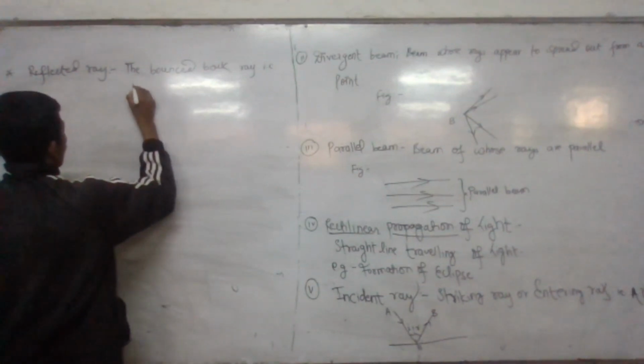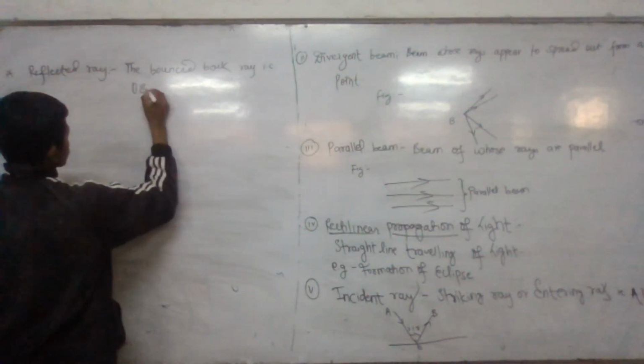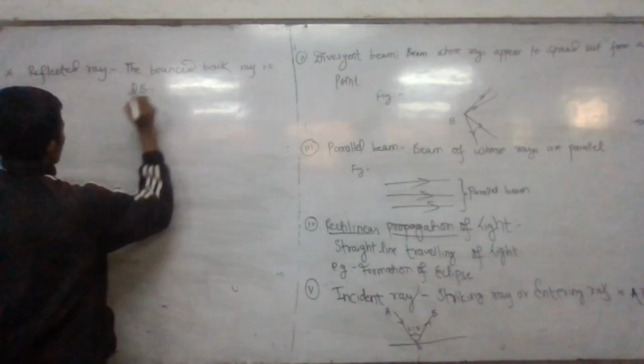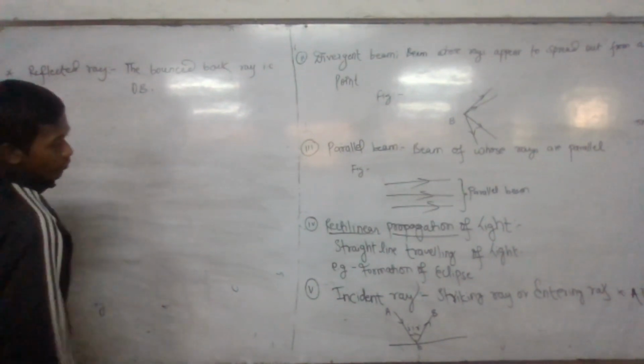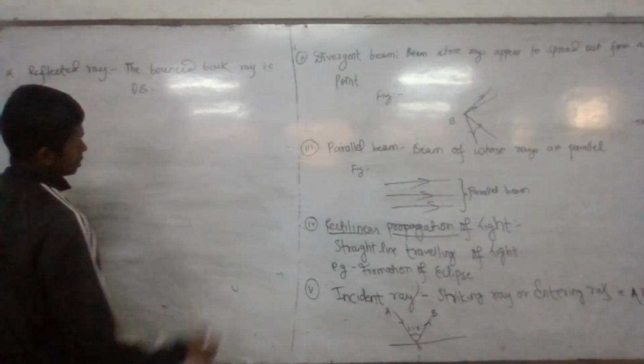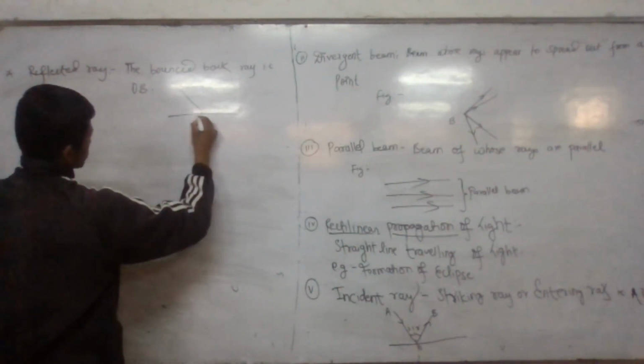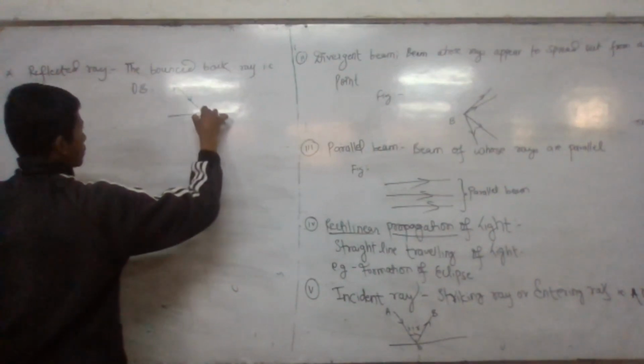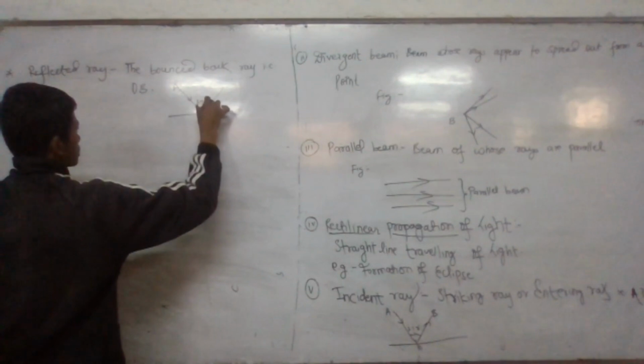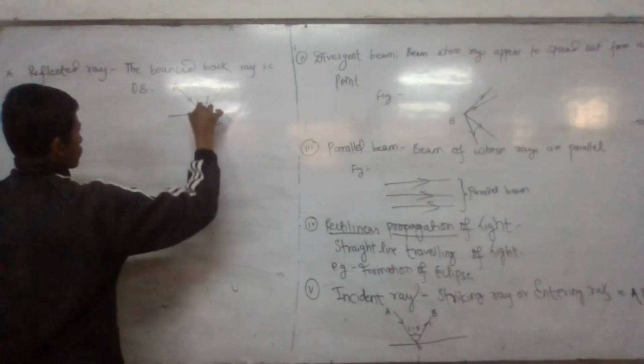That is OB. So OB is the reflected ray. Now, if we talk about the point of incidence, in this case, this is the point of incidence. This is AO and this is B, and this is angle I, and this is angle R. Angle I is equal to angle R.